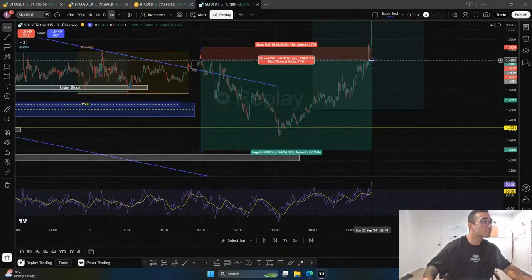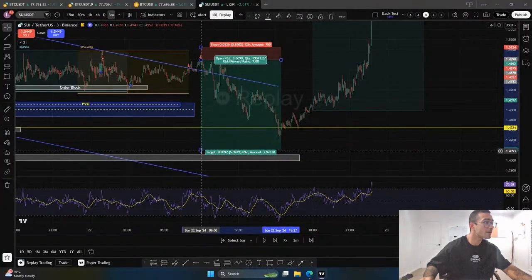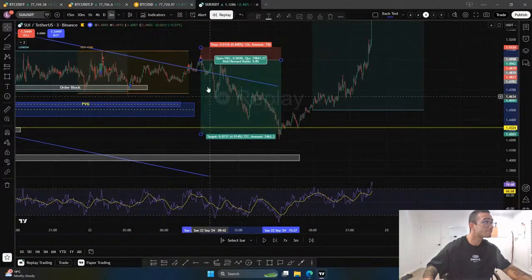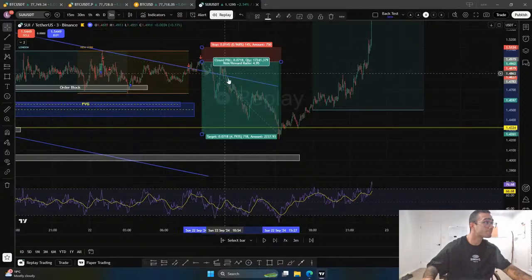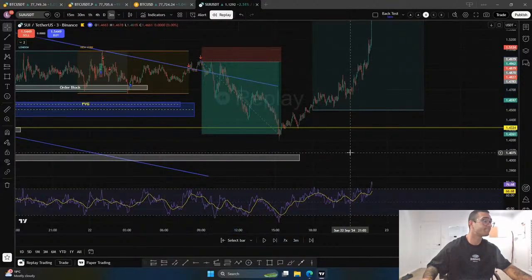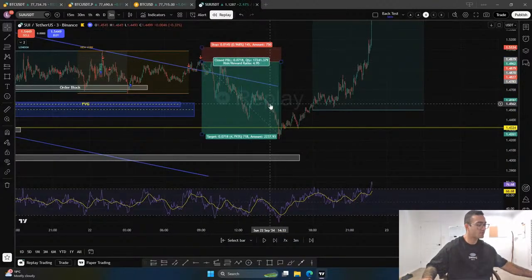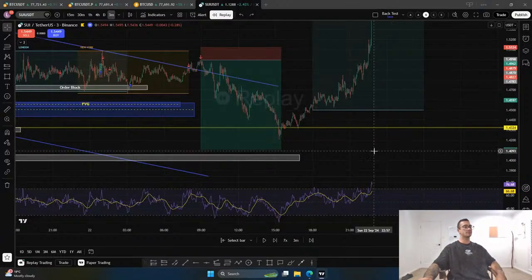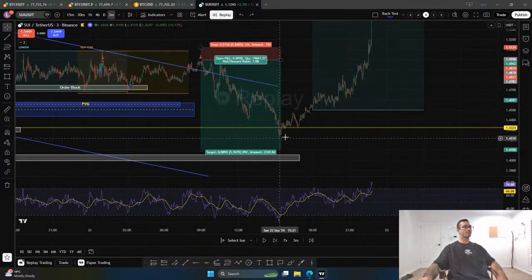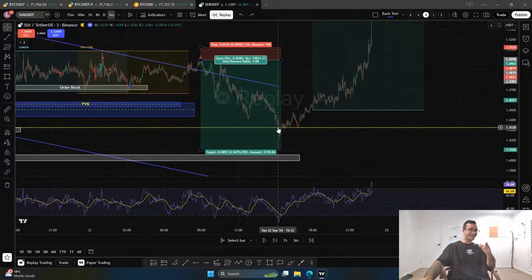I said it before it, too. That would have been a beautiful trade. Look. What's that? A 4.9. But that's not how it went. It reversed it like here. Should have taken partial profits here.